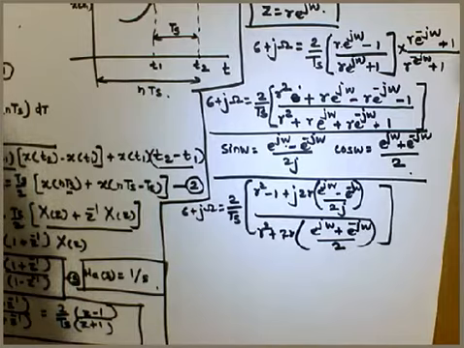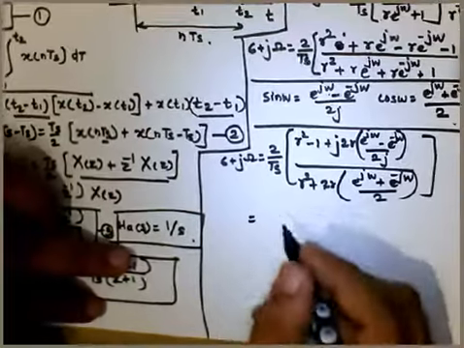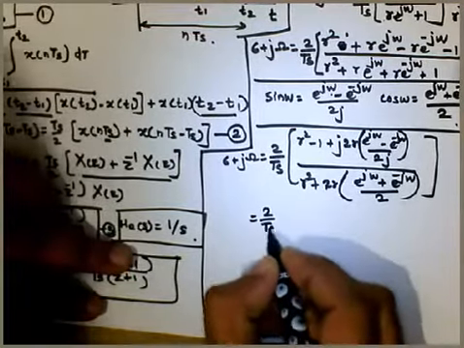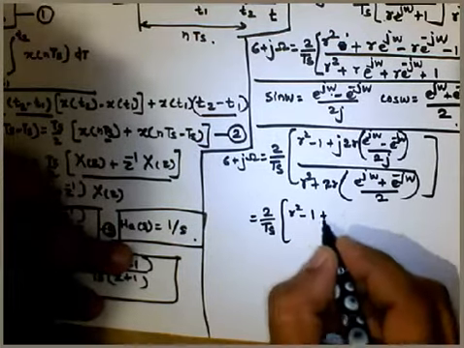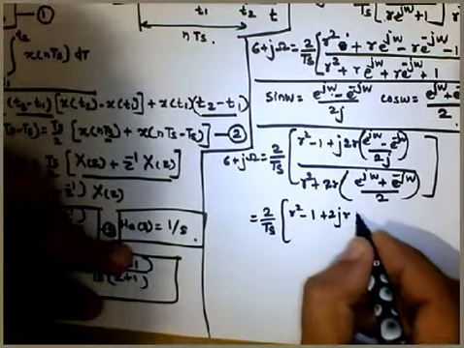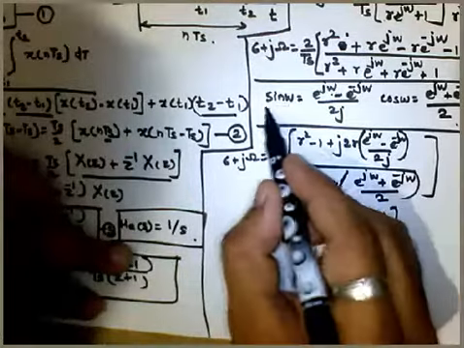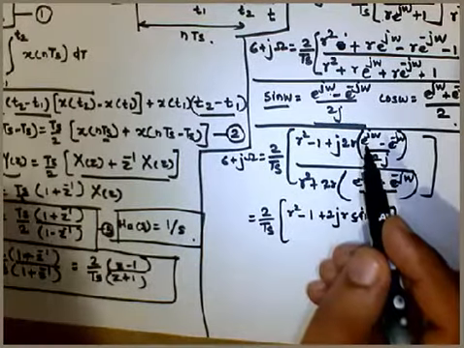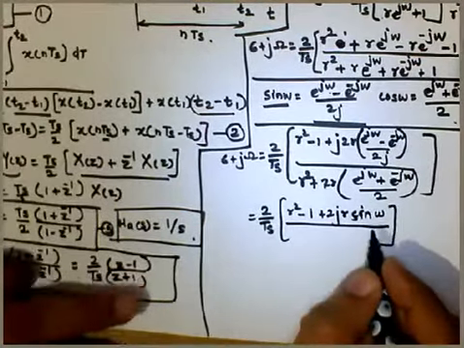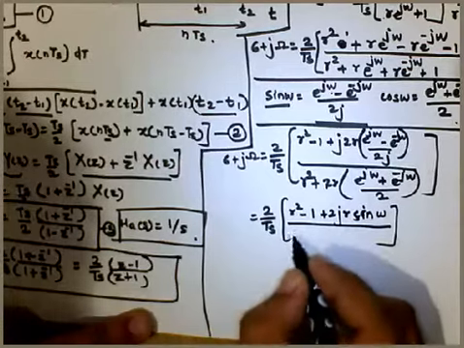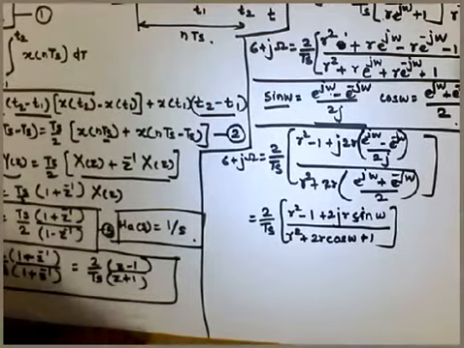Now let's put in the values. It is 2 by Ts times (R square minus 1 plus 2j R sin omega), because the term we have seen is sin omega. For the denominator, it is R square plus 2R cos omega plus 1.